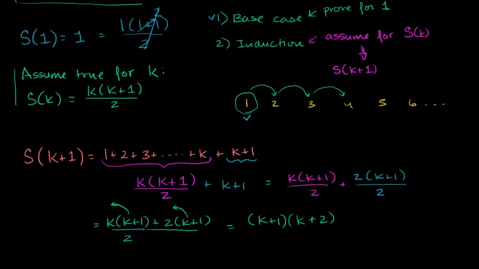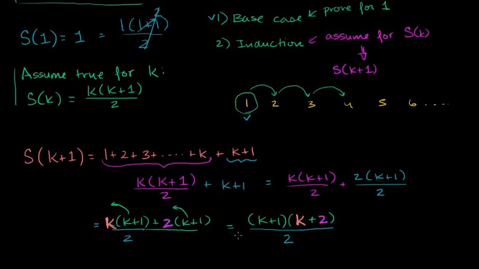Let me color code those so you know what I'm doing. So this 2 is this 2 right over there. And this k is this k right over there. We factored it out. These k plus 1s, we factored them out to this k plus 1 right over there. And it's going to be all of this over 2.